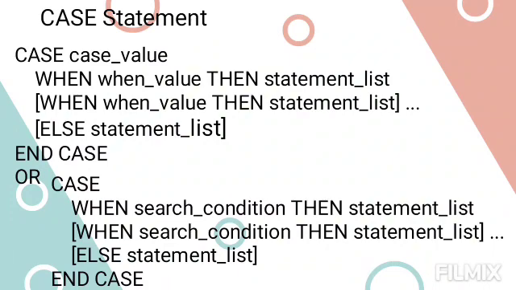Here is the syntax of the case statement: CASE case value, WHEN value THEN statement list, etc., ELSE. This is the syntax of a case statement. The case statement is similar to the switch case statement in C, Java, etc.